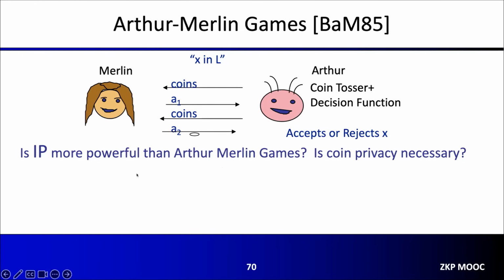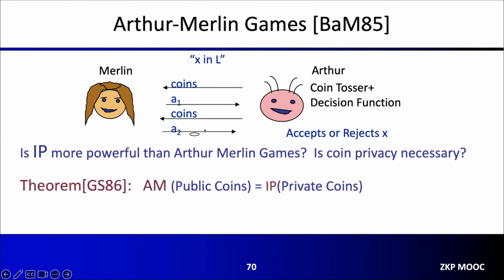And the question was asked, is it really the case that maybe you can prove more theorems like non-isomorphism if you let the verifier Arthur hide his coins? Or in other words, is IP, interactive proofs, more powerful than what they called Arthur Merlin games? Is the private coin necessary in order for the prover to convince statements which are not in NP?